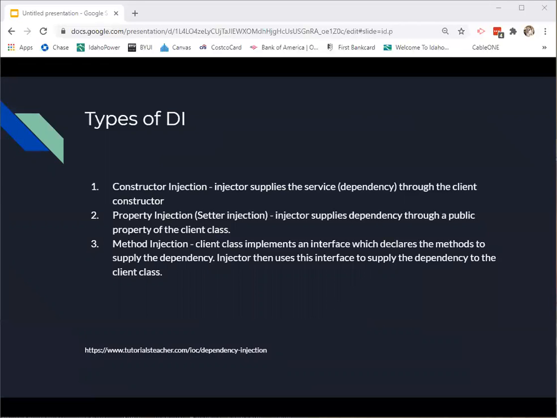In property injection, the injector supplies the dependency through a public property of the client class. Property injection is also known as setter injection. Third, with method injection, the client class implements an interface which declares the methods to supply the dependency. The injector then uses this interface to supply the dependency to the client class.